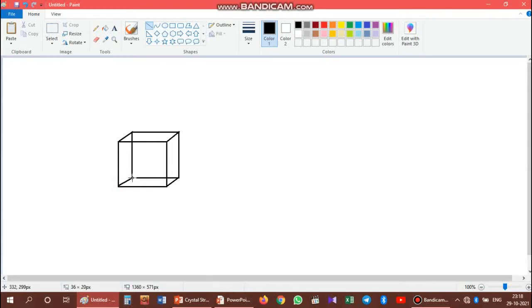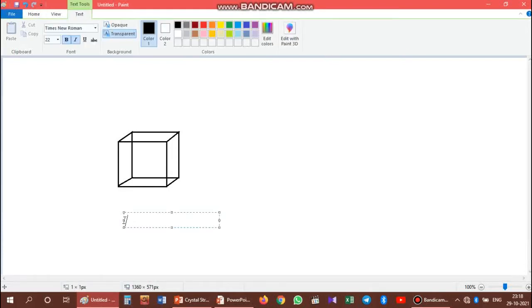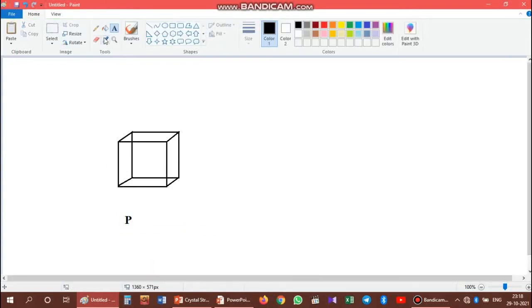Okay, now for a primitive, if it is P, primitive, then it should have its 8 vertices with the 8 lattice points.